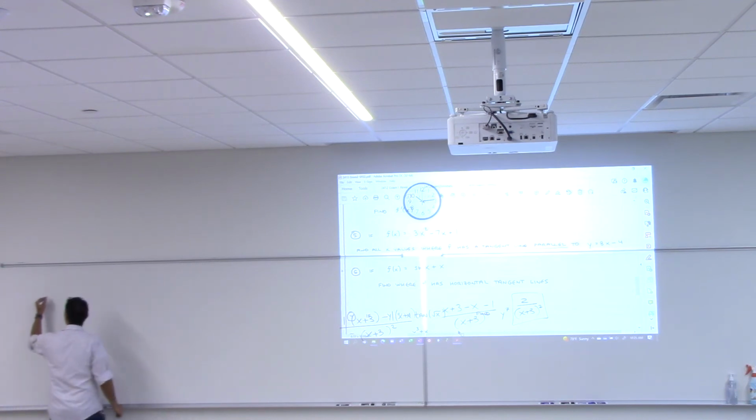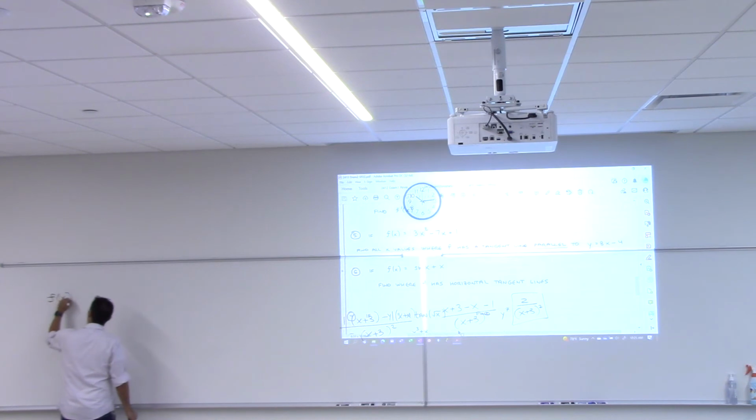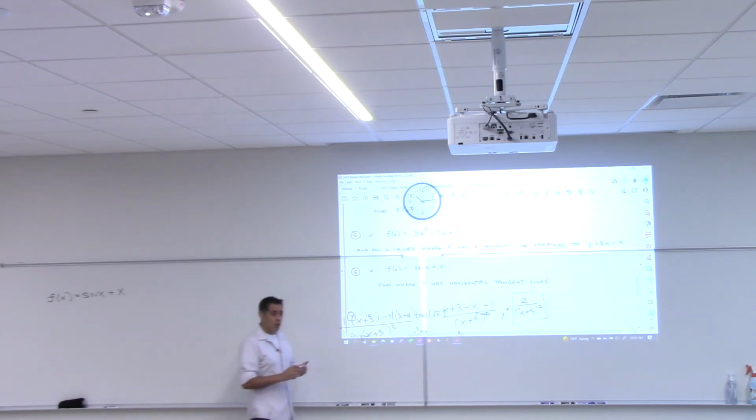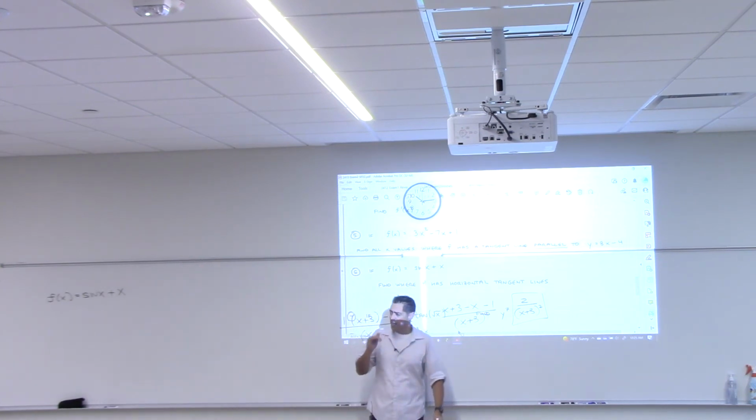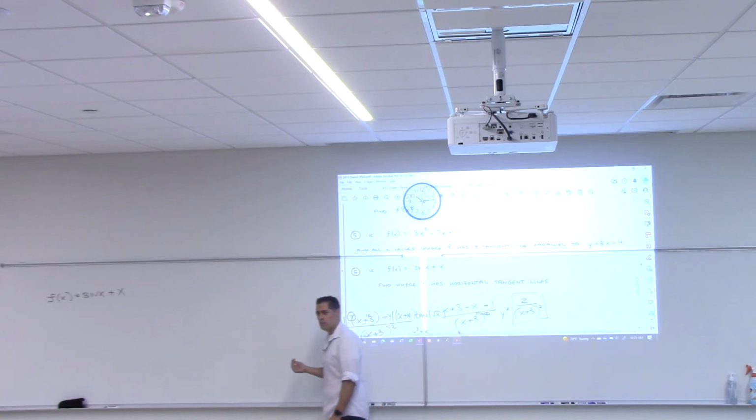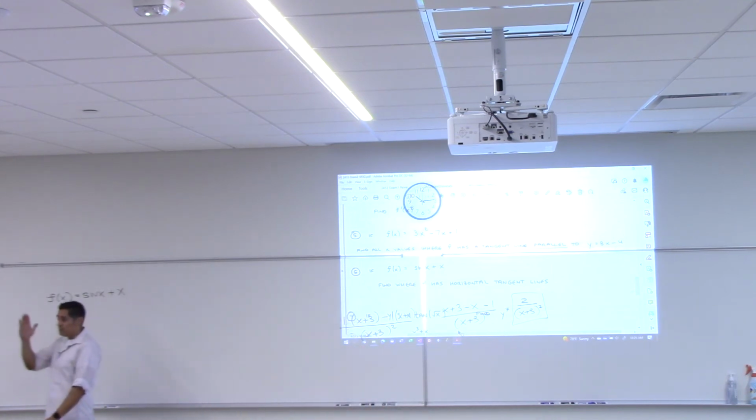If I give you a function f of x equals sine x plus x, and I ask you, where does this function have horizontal tangent lines? What am I really asking you for? Set what equal to 0? The derivative. I want to know where the derivative is 0. That's what this is asking.